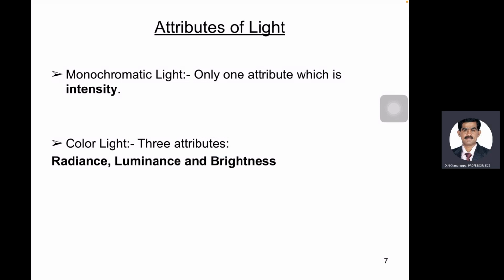So for the attributes of monochromatic light, there is only one attribute, which is intensity.